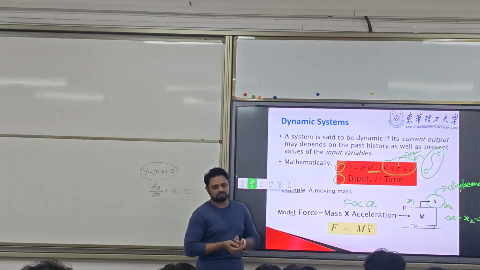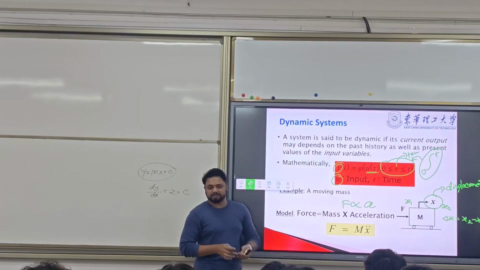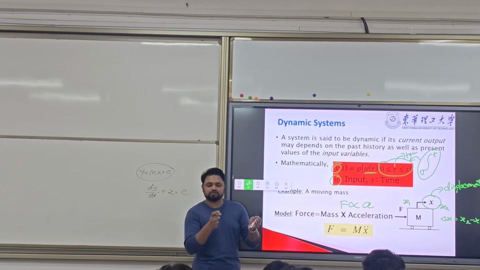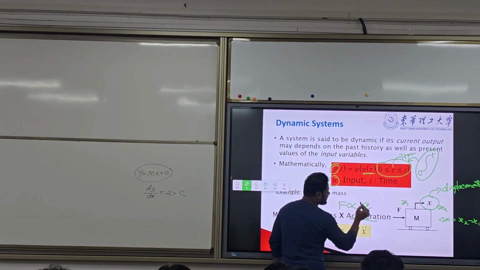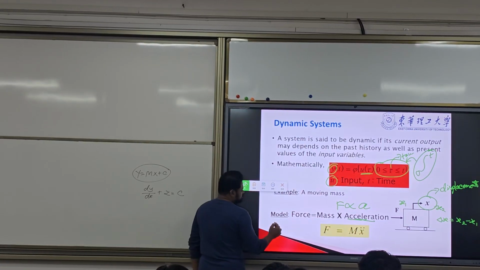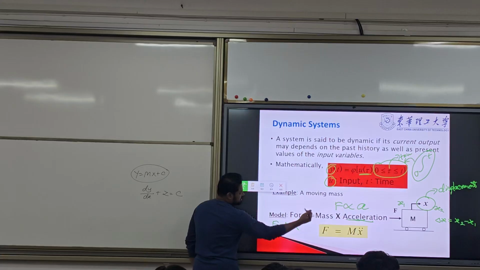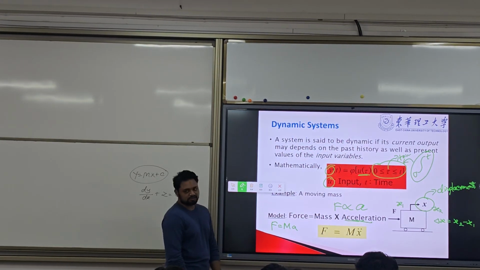You already know that; you studied that in school. If you apply force to a mass or to an object, the force will be directly proportional to its acceleration, a. So you can write F equal to ma. This m is the constant, the mass of this object.